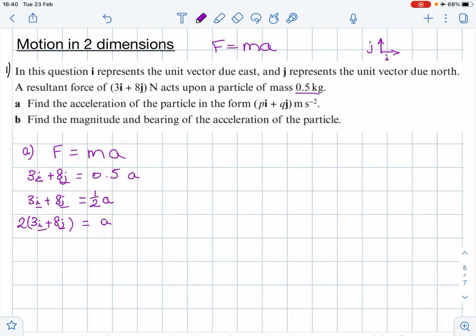Our acceleration is equal to 2 times 3 is 6i, and 2 times 8 is 16j. So our acceleration is 6i plus 16j. Let's look at part B.